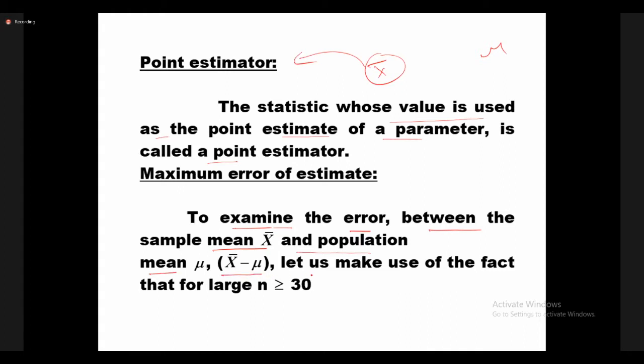That is the error. Generally, in real life, I will give one example. We see in newspapers that a bike company, Honda, says the Activa's mileage is 60 kilometers per liter.